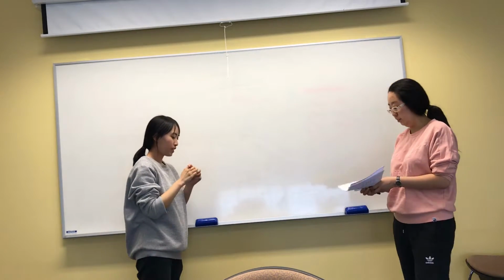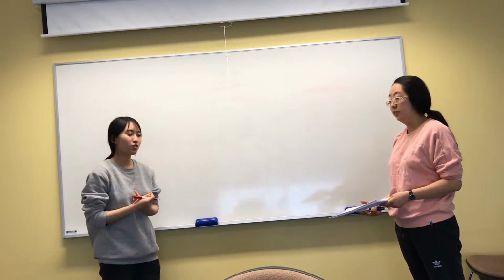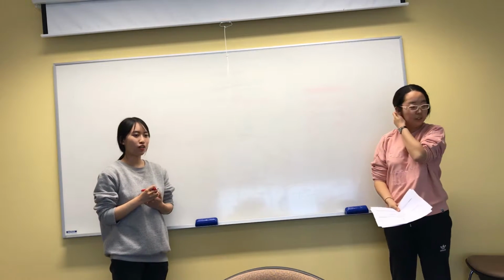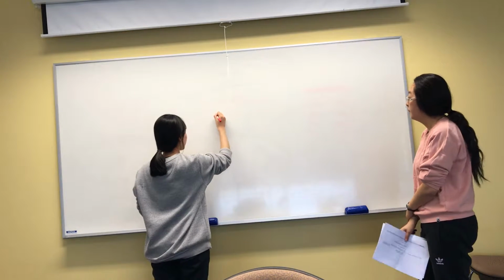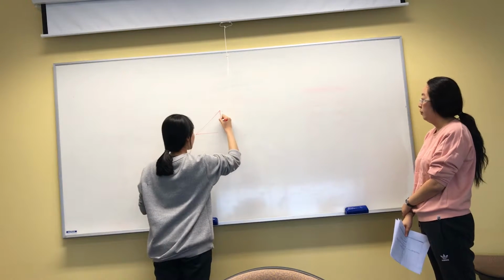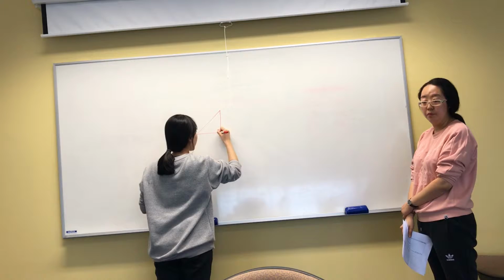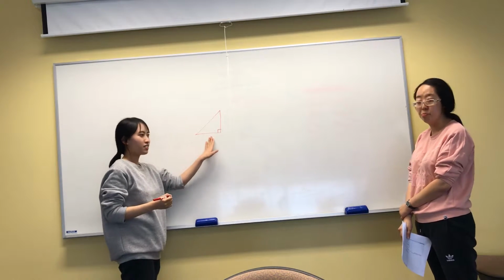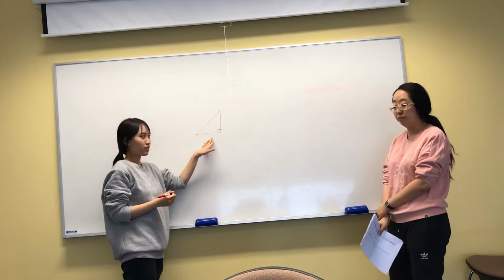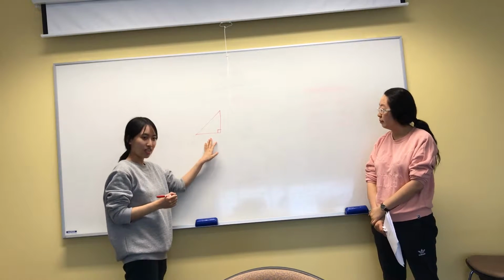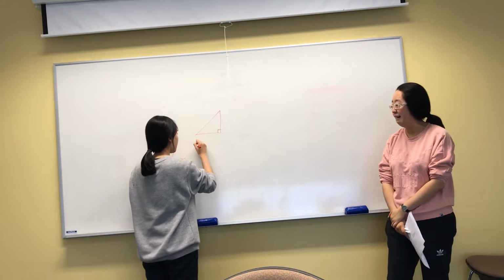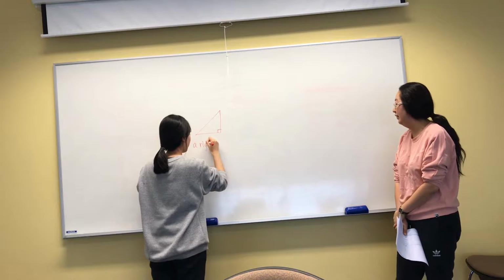So before we start, I would like you to think of a magic triangle, which is this triangle. Can anyone tell me what this triangle is called? Yes, very good. It's a right triangle.